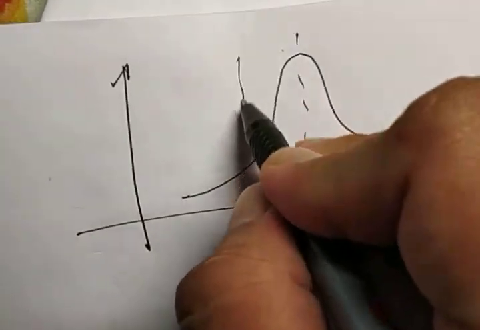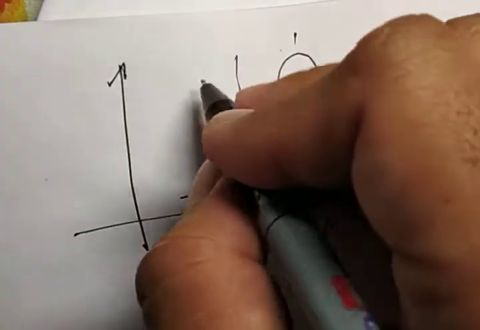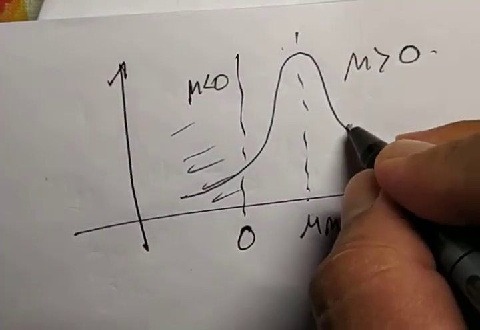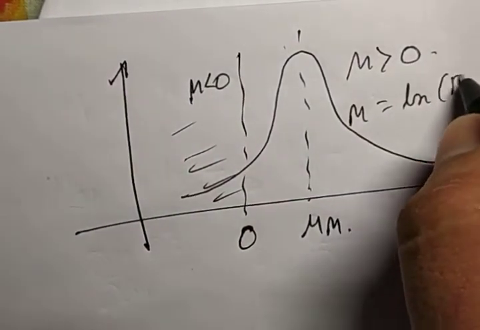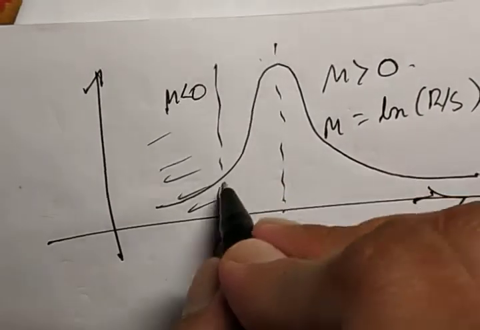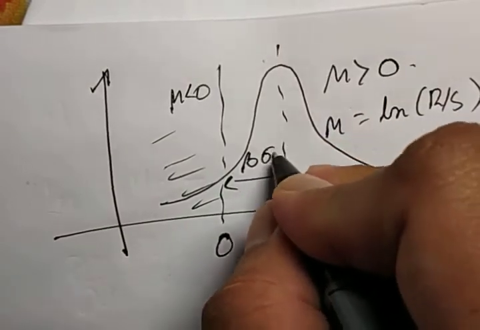Here too you have 0, so this is m less than 0, all are failure, m greater than 0, all are safe, and m equals ln R by S, log normal, and same, this distance is beta times sigma m.